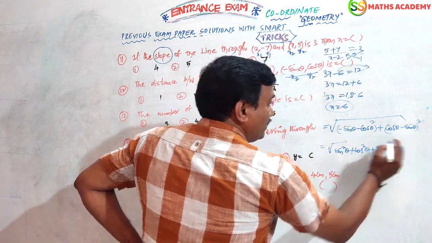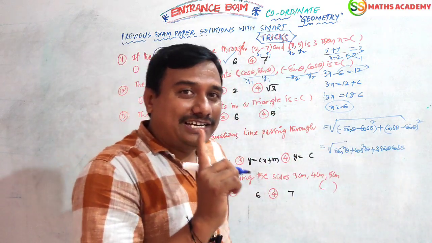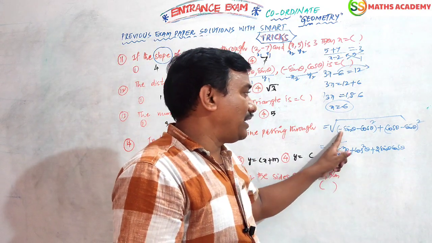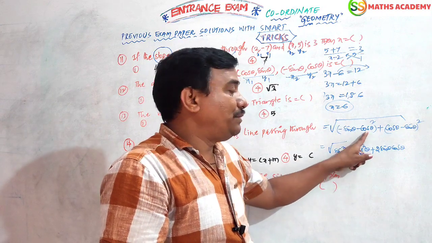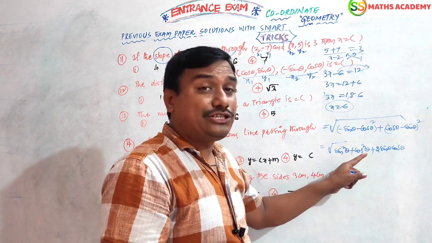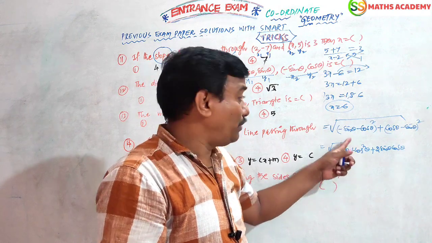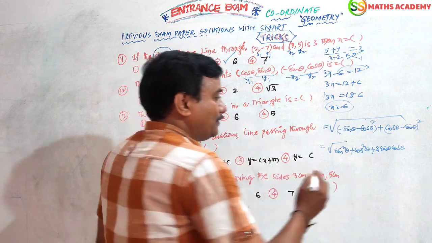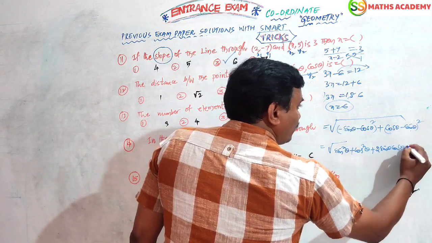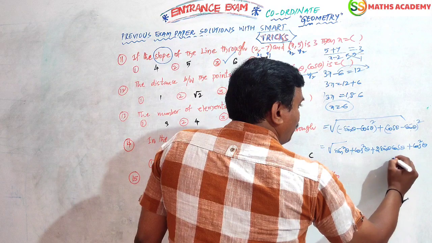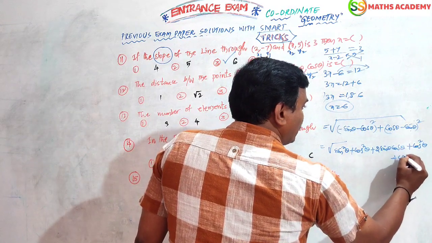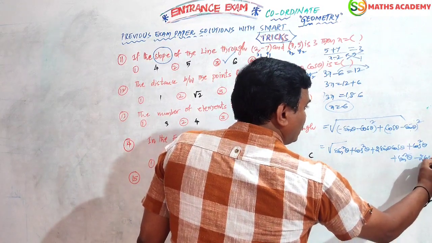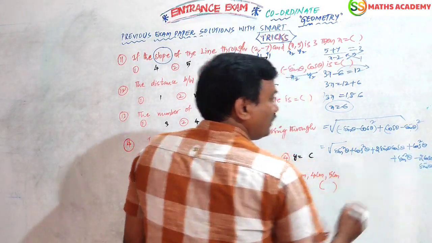Children, here is one important point to concentrate on. a square: minus sin theta whole square is sin square theta, b square: cos theta whole square is cos square theta, minus 2ab actually, but a value is minus sin theta, that is the reason minus of minus becomes plus 2 sin theta cos theta. Next, cos theta plus sin theta whole square means sin square theta, minus here 2ab, 2 into cos theta sin theta.